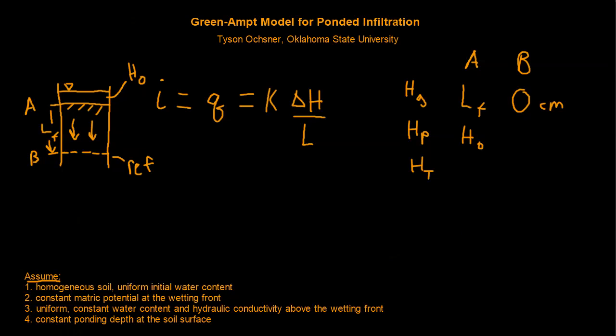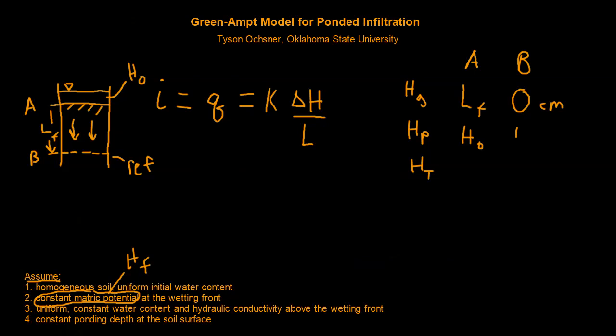And the pressure head, which is negative, at the wetting front, where we mentioned this constant matrix potential at the wetting front, we're going to call H subscript F for front.